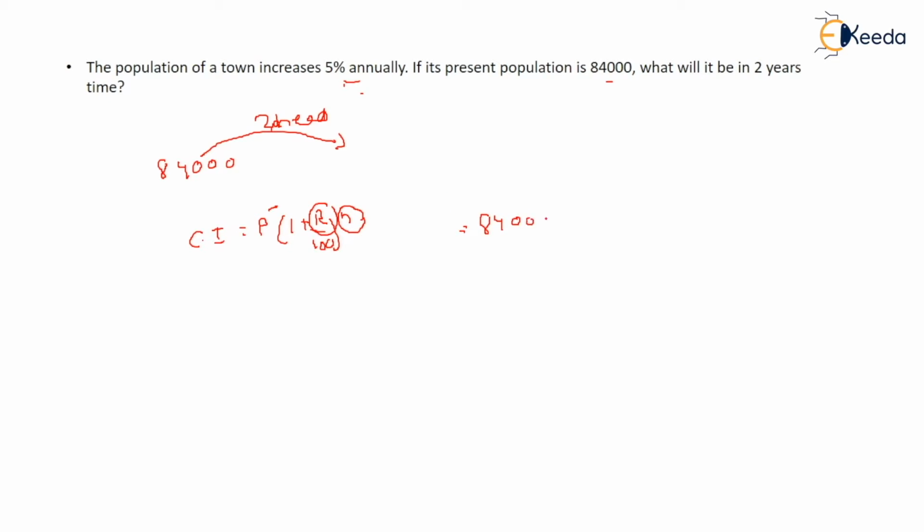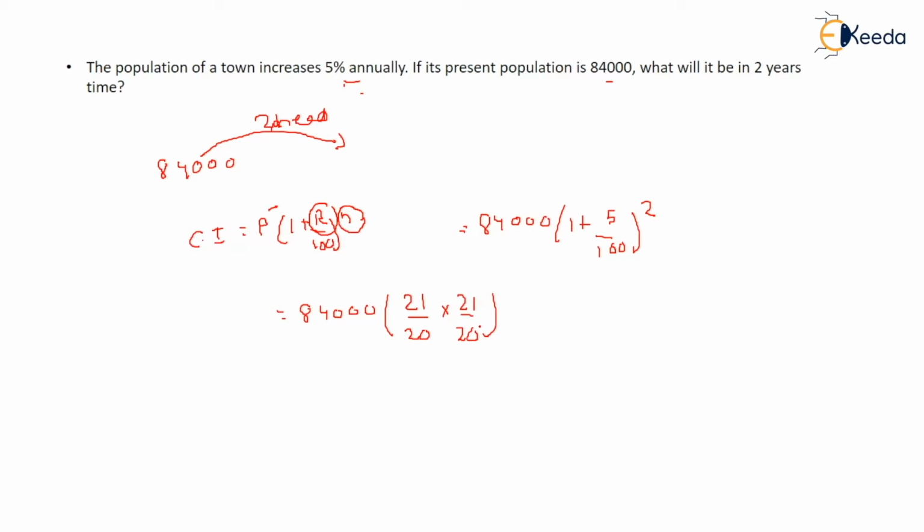So 84000 (1 plus rate of interest 5 by 100) raised to, for how many years? 2 years they ask, right? So after solving this, you will get to know this is 21 by 20 into 21 by 20.